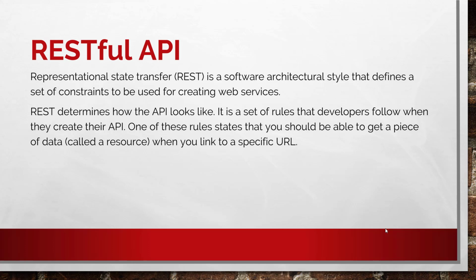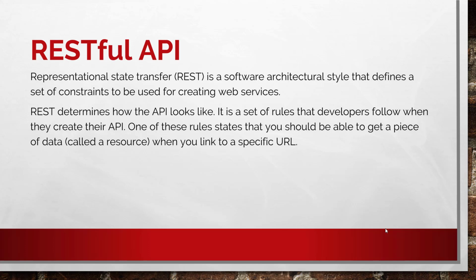Now, RESTful API, Representational State Transfer, is a software architectural style that defines a set of constraints to be used for creating web services. Now, REST determines how the API looks. It's a set of rules that the developer follows when they create their API. It's just like regulations that you have to follow to create an API.